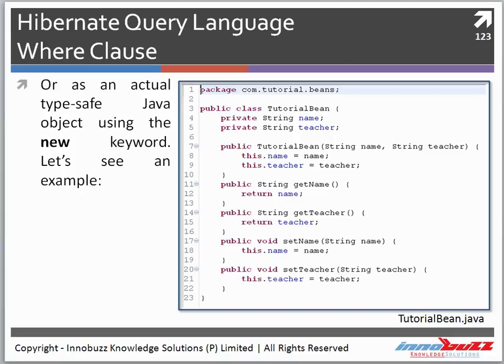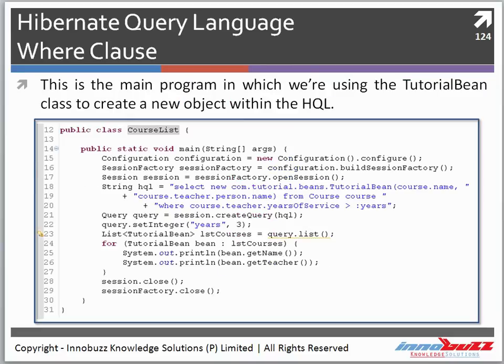Let's see how we can use this on an HQL. As you can see on line 18, the HQL is being constructed, and we're using the new keyword to instantiate an object of the TutorialBean class. We're calling the constructor which takes two parameters, name of the course and name of the teacher.